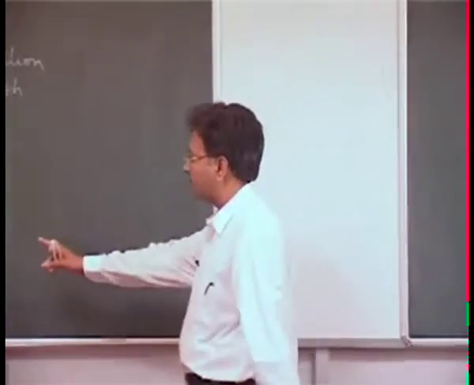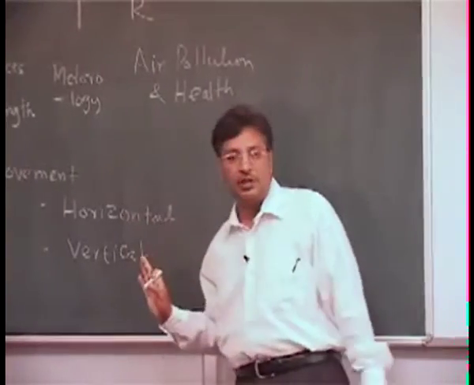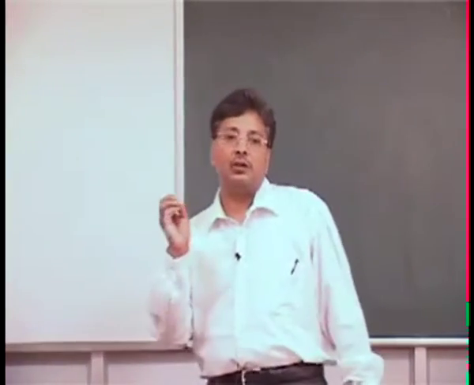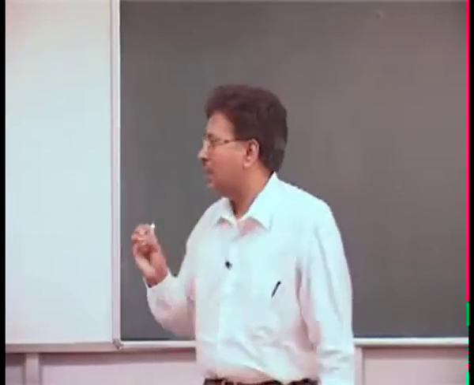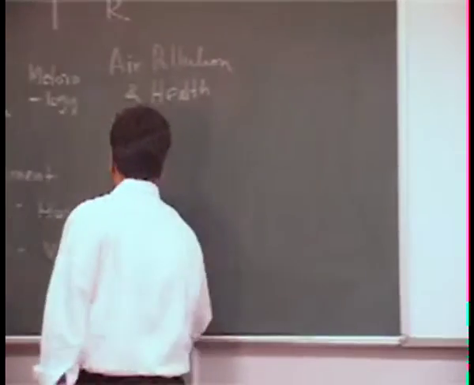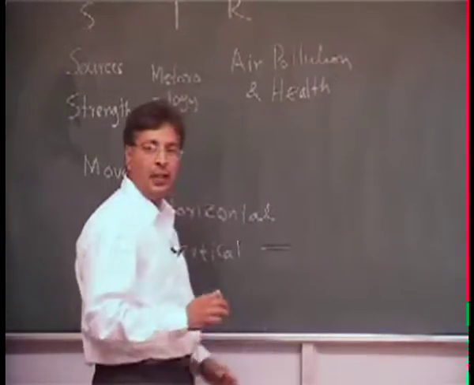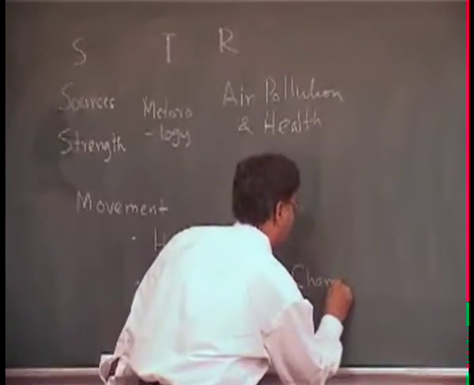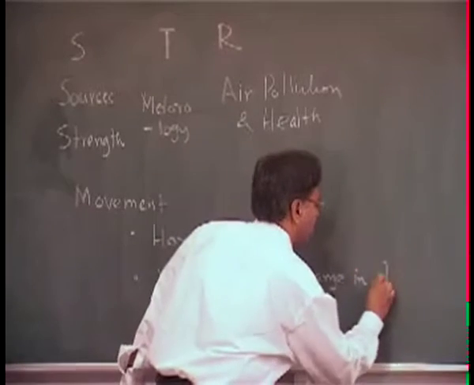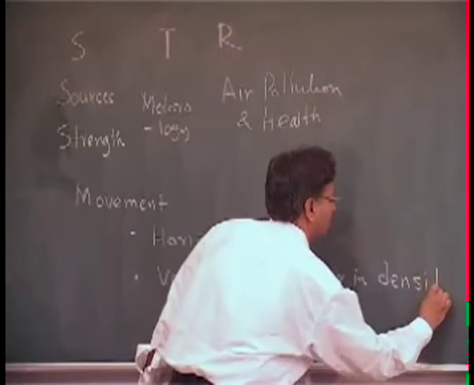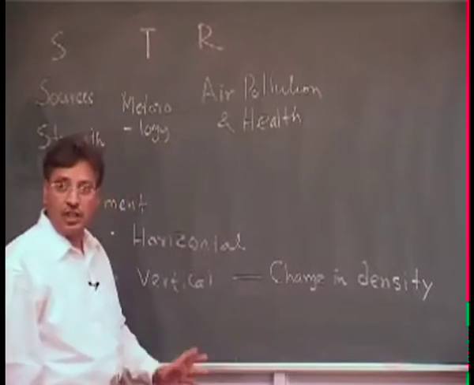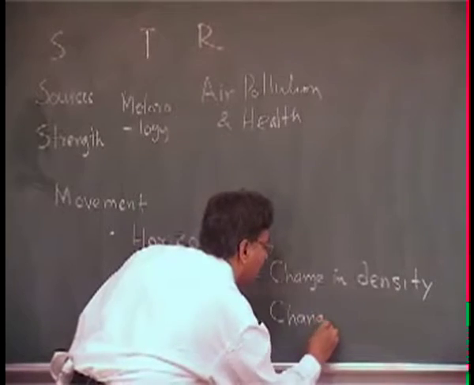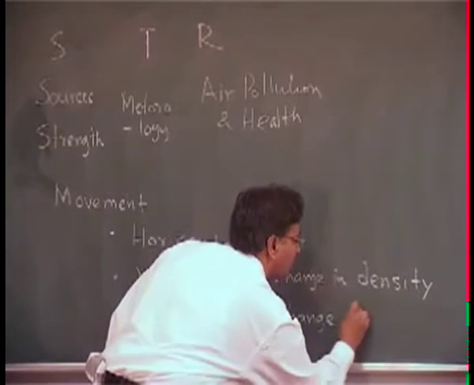So now if we are focused on the vertical movement of the air pollutants, then what is it that causes a vertical movement? Vertical movement is largely caused by the change in the density as we go up, and the change in density comes about because of the change in temperature.